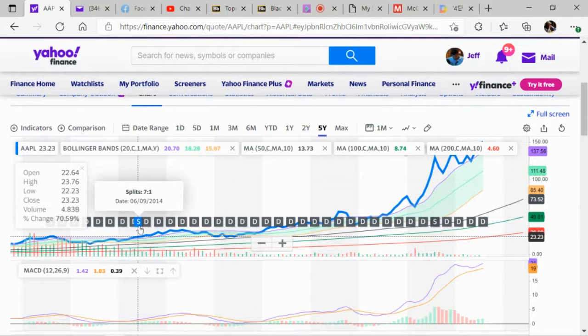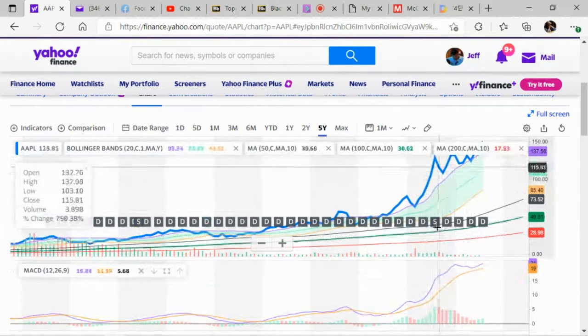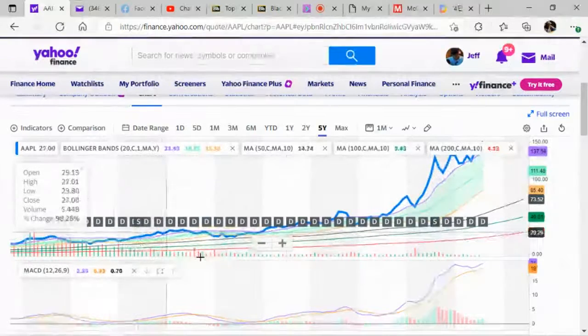So I sold in May, I believe. And then there was a 7-to-1 split. And you might say, oh, after the split it was only $23. No, look, it was like $89 or something like that. It was recalibrated again after this split, right?